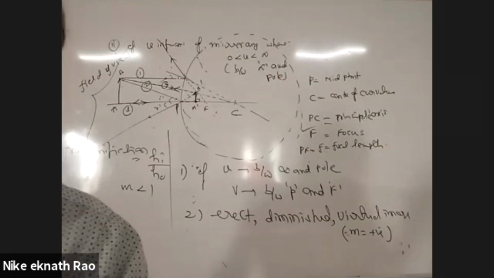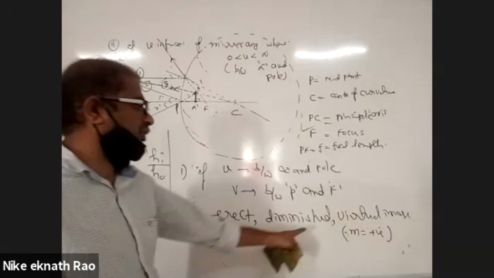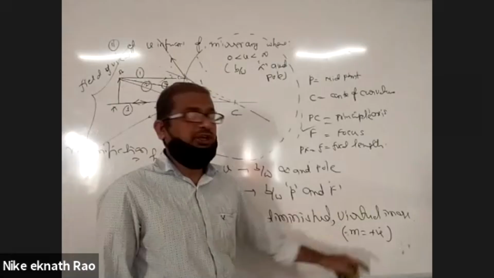So the statement is: a convex mirror always forms, for a real object, a virtual, erect, and diminished image. And magnification for a virtual image is what? Positive. Keep this point in mind.